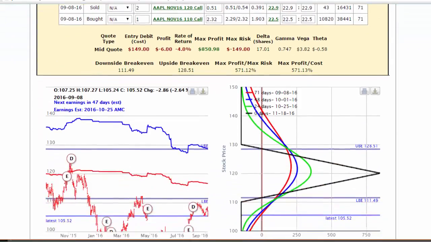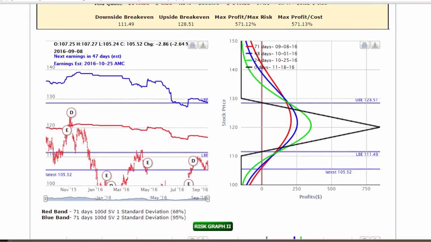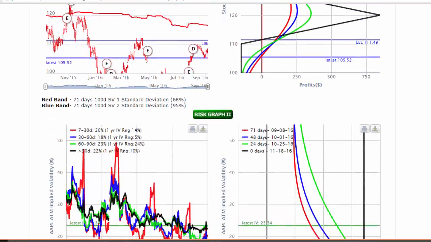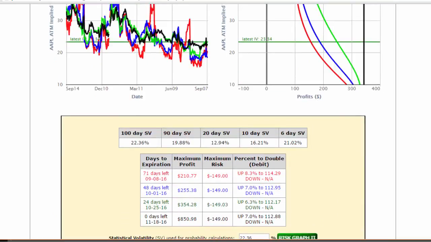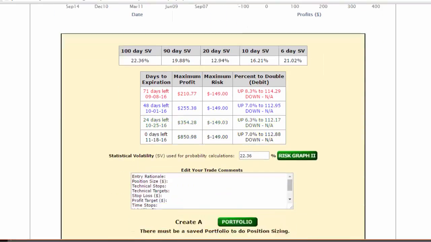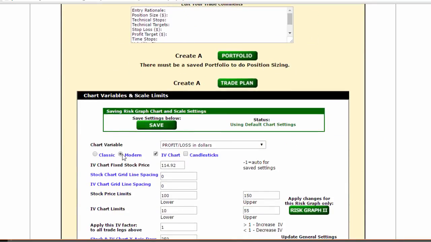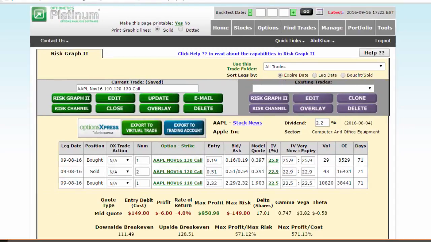Okay. And if we look at the risk graph, we can see that as the stock price rises, so let me just make sure we're looking at this. So we've got the stock price in this case on the left hand side. Let me just fix that up so that I'm not confusing you. Okay, actually, that's probably a better view anyway, so we'll just stick with that view.